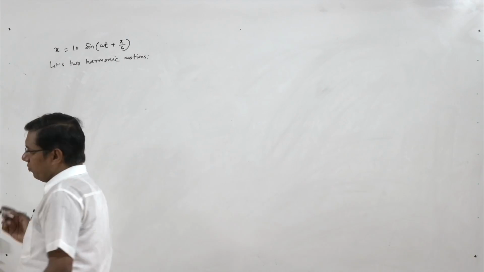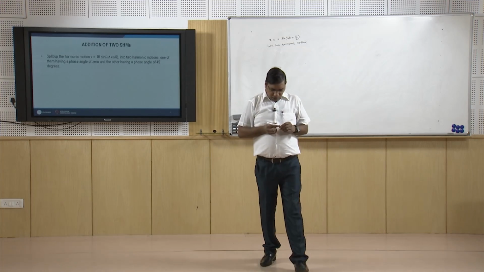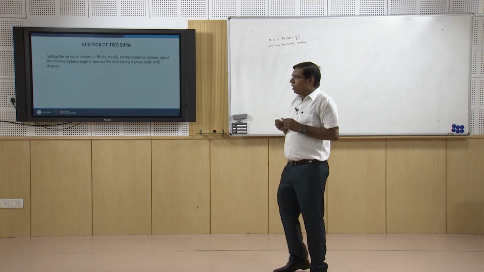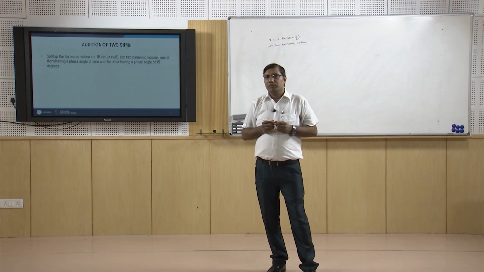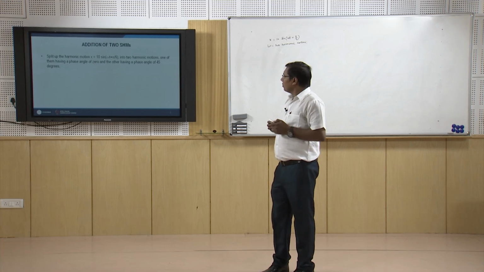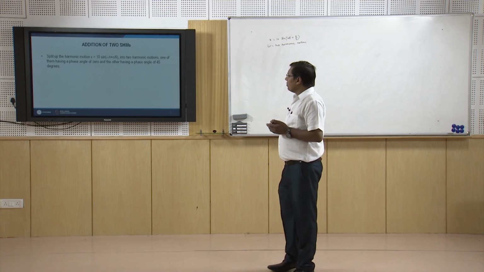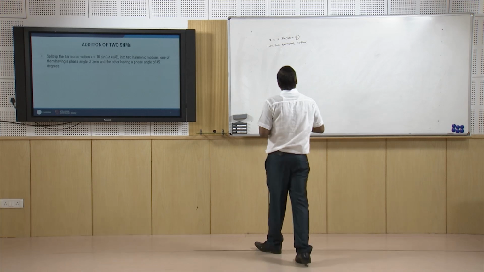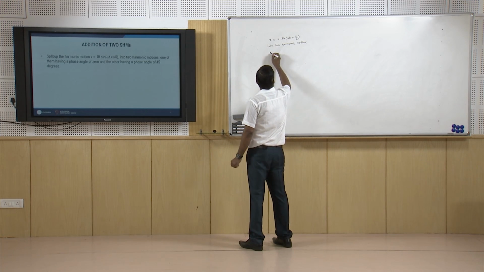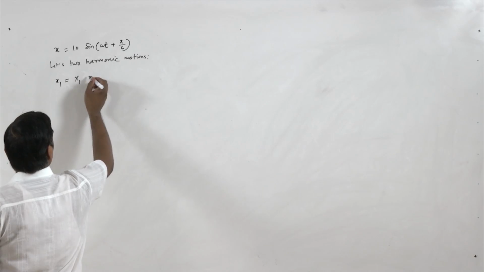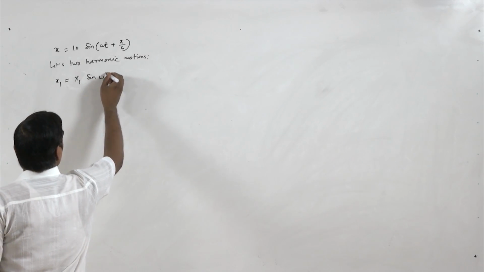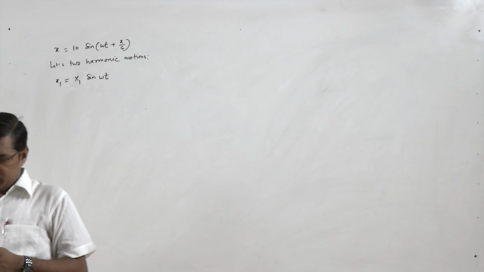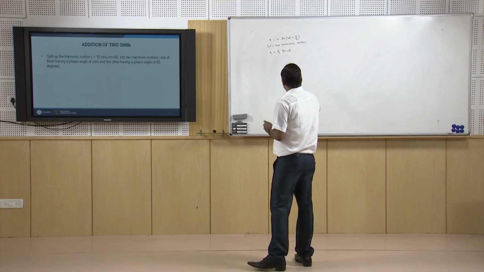Because we know that the components will have the same frequency omega as the main harmonic motion, let us assume x1 equal to X1 sin omega t, and because it has the 0 phase angle, we do not need to write 0 here.